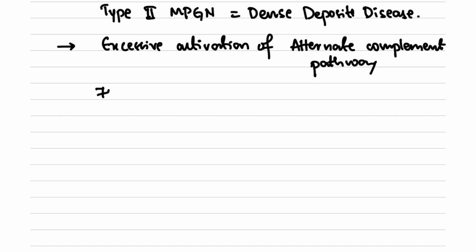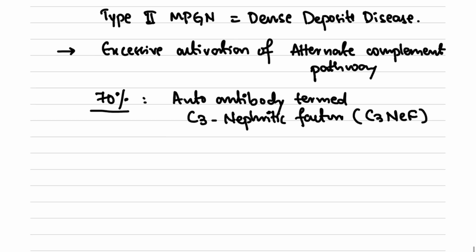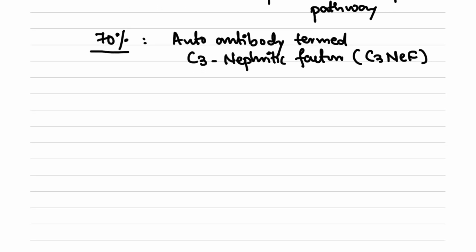70% of the cases of type 2 MPGN, the dense deposit disease, will have an autoantibody termed C3 nephritic factor, in short C3NeF.